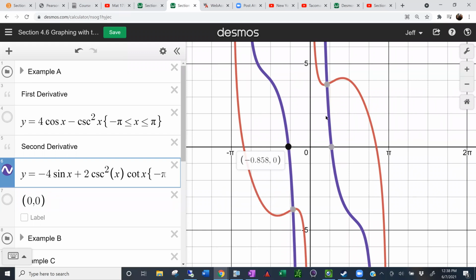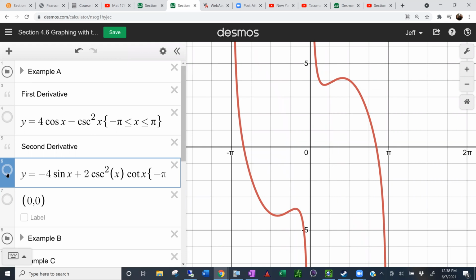And then it's concave down, then concave up until we get to wherever this point is, about 0.858 over here. And then it switches from being concave up to concave down. So you're using calculus, but you're also using technology. And I kind of like the marriage of the two.